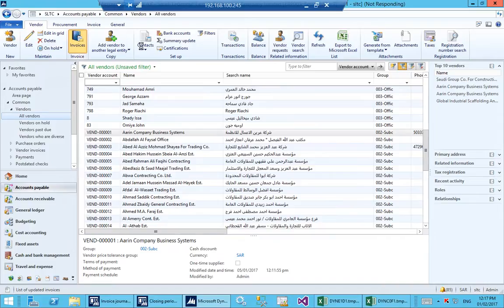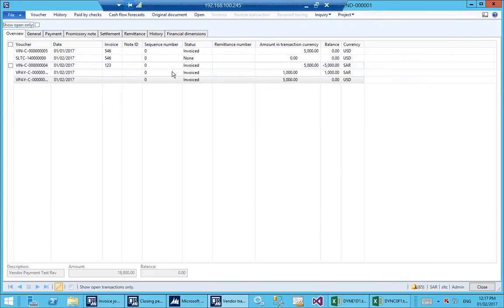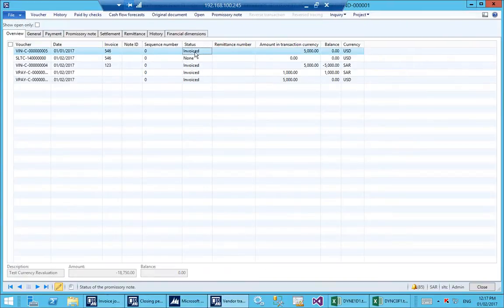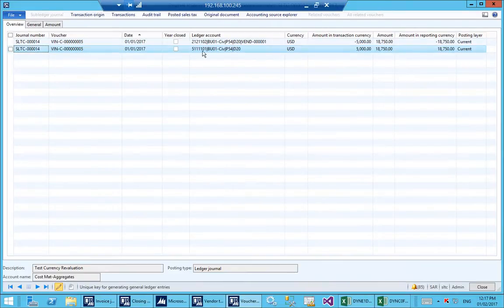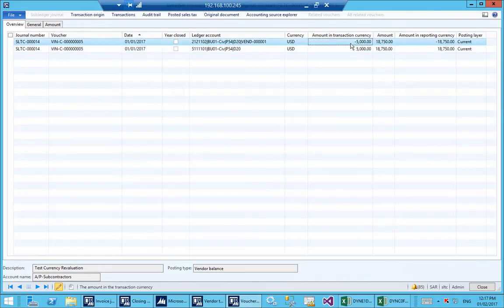Sorry, not like this. Vendor transactions. This is the first one with 5,000 in test currency. We can see the voucher. Debit the cost by 5,000 and credit the vendor by 5,000.